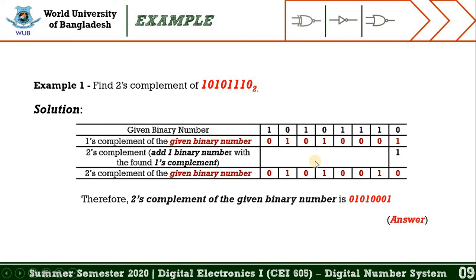Then the overview of 2's complement says we need to add 1 to the LSB. So that's why in the third row of this table you see 1 is added to the LSB. So we get 01010010. This is the way to convert a given binary number to its 2's complement.